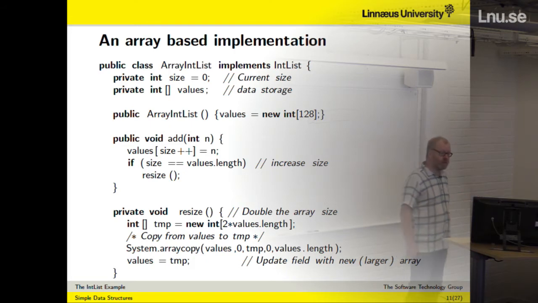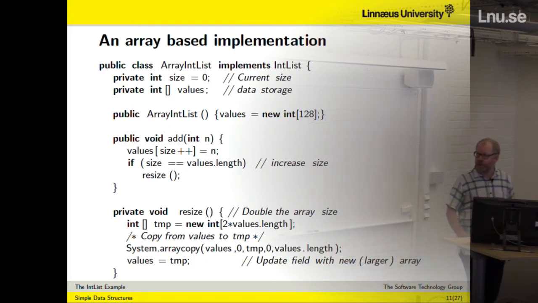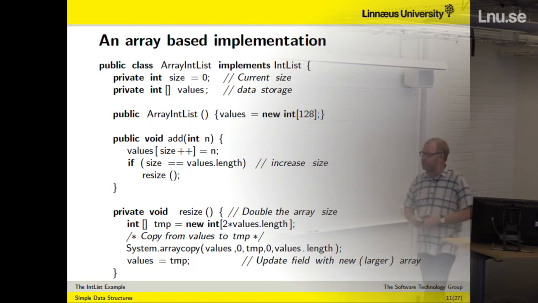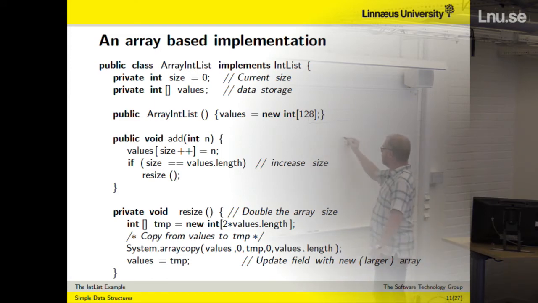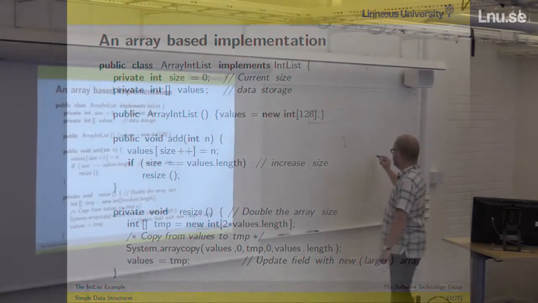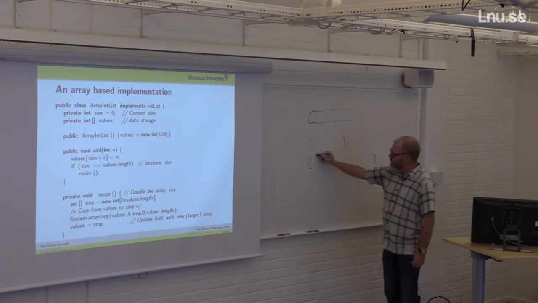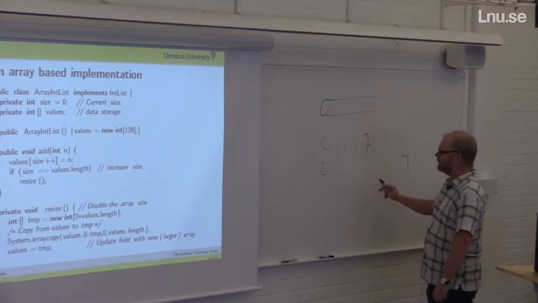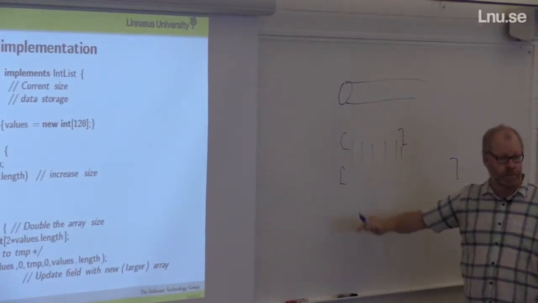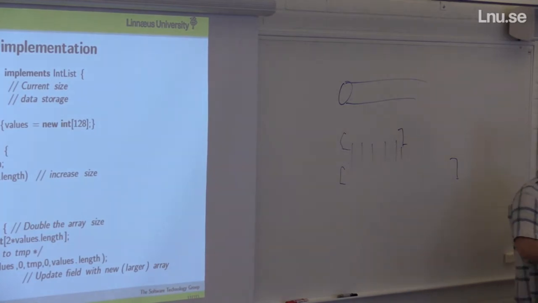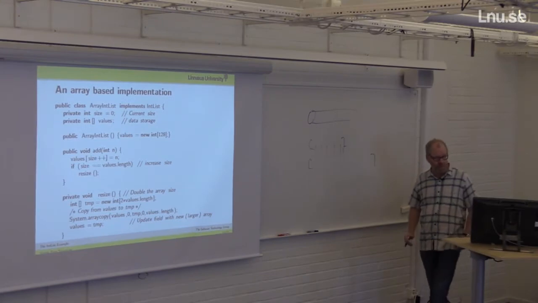It comes up with a new array which is twice as long, and then it moves the elements from the shorter to the new one, which is twice as long. It copies all the elements here, and then it starts to use this one. So it doesn't grow every time you're adding something, it grows at certain points.